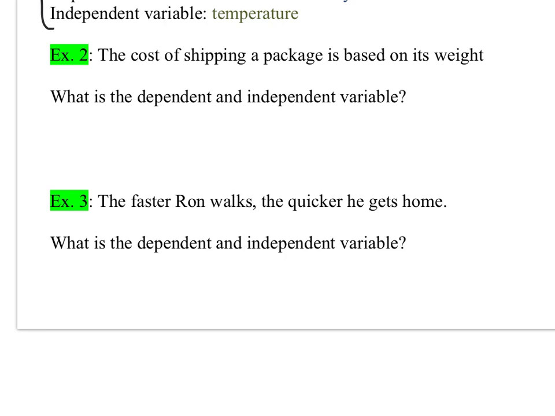So you're asking yourself, does cost affect weight, or does the weight affect the cost? Definitely the weight of a package affects the cost of shipping that package. So that means that the weight is your independent variable. And the cost of shipping is going to be your dependent variable.